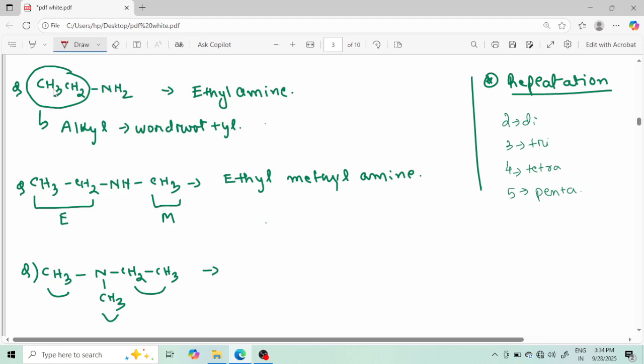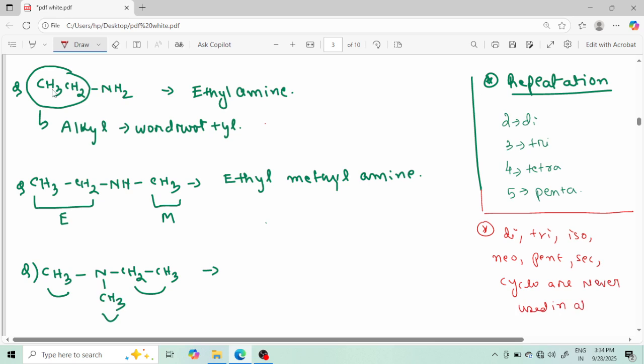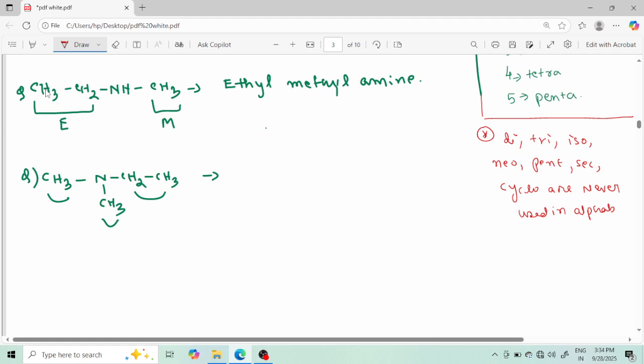Now another thing is that di, tri, iso, neo, pent, sec, this type of names you already know. These are the special names, and cyclo, are never used in alphabetical arrangement.